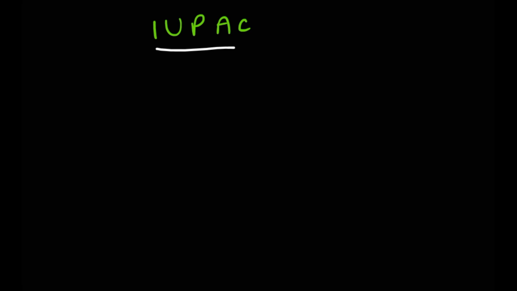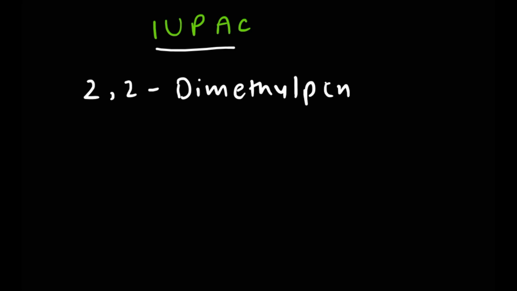Now in the exercise it is given, which one is correct. Some examples are given and you should find out which one is correct. One problem is 2,2-dimethylpentane, this one is correct, or 2-dimethylpentane, this one is correct.